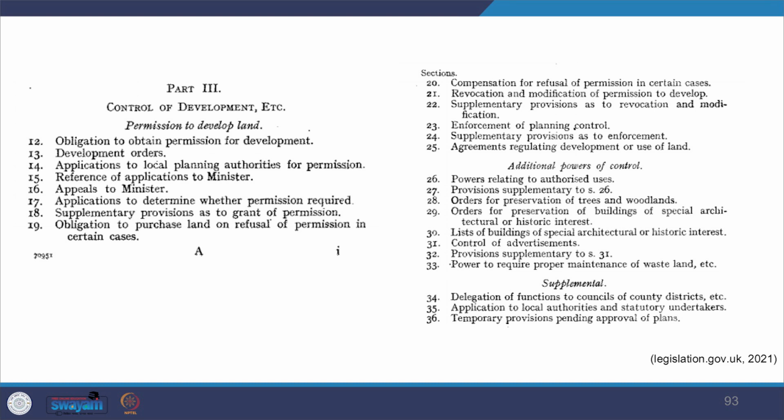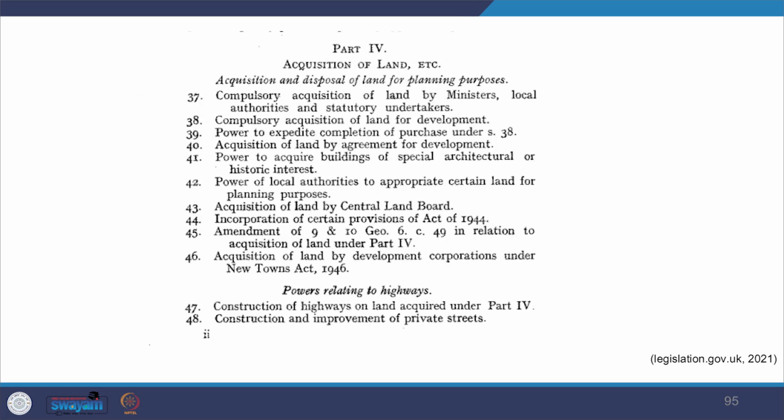You can see here how those development controls are being specified. Further, it provided details on land acquisition, how the land can be acquired. Furthermore, it provided details on compensation on compulsory land acquisition. Likewise, it provided details on the development charges, how the development charges have to be taken.